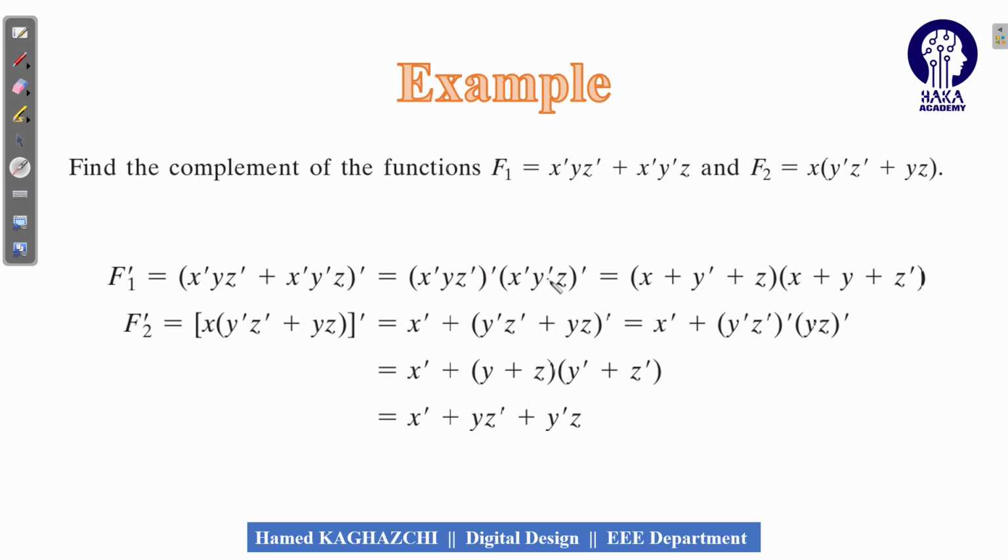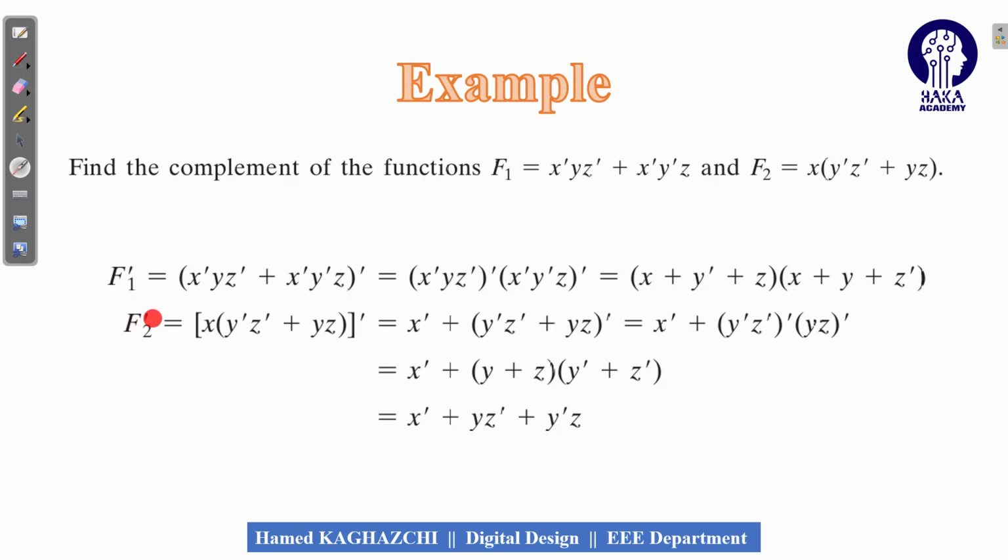Now apply this one here. Again, if I apply this not inside of the parentheses, x prime prime is the original x, and converted to the or, y prime converted to the or, and z prime prime is z. This and is the same because before we applied it. So this prime applied to the inside of the parentheses, x prime prime is x, and or y prime prime is y, z prime is z prime.